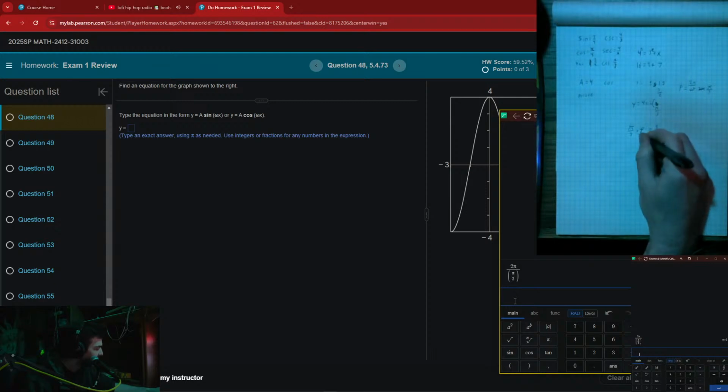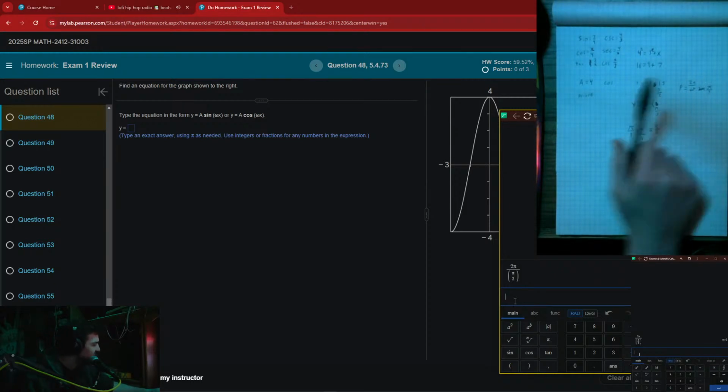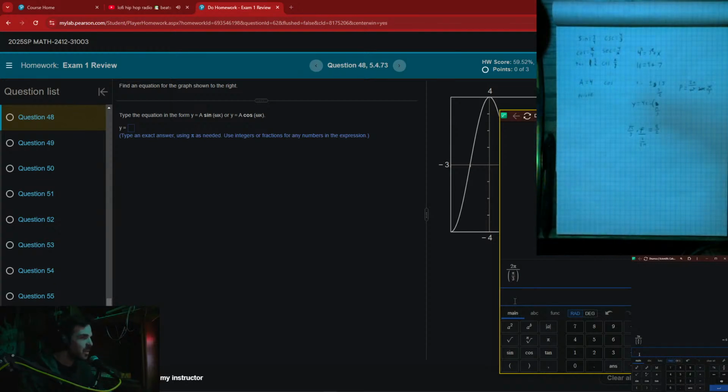So that would be 1 over 2 pi? Is that right? 1 over 2 pi, divided by pi over 3 should give us 1.5.